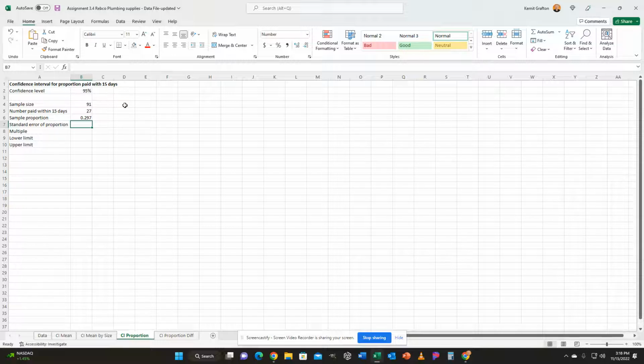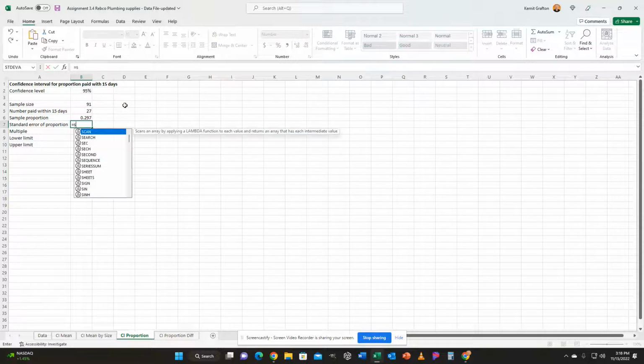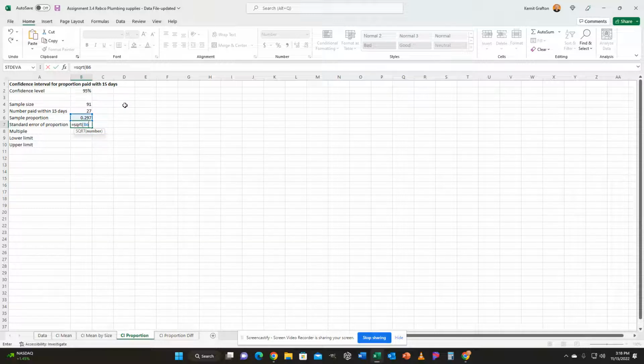The standard error of the proportion is the square root of B6 times 1 minus B6, divided by B4, then close paren.